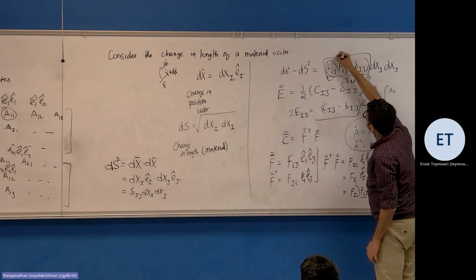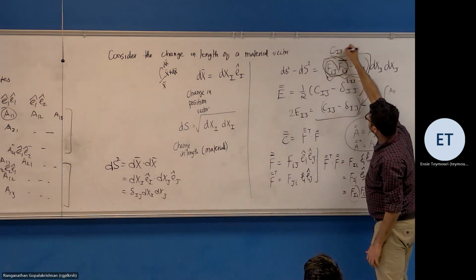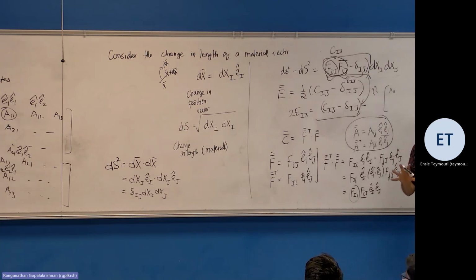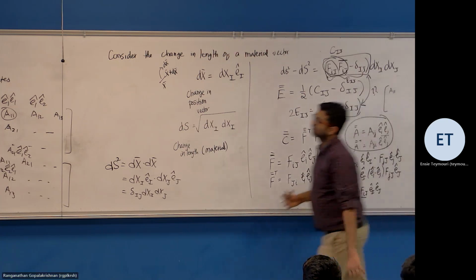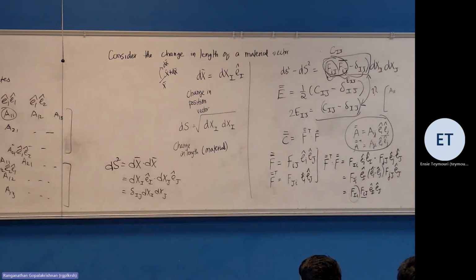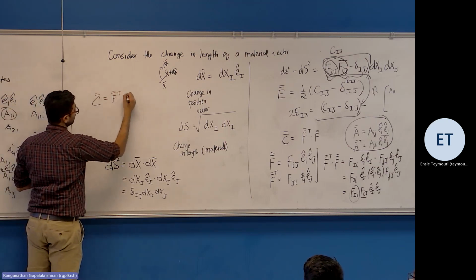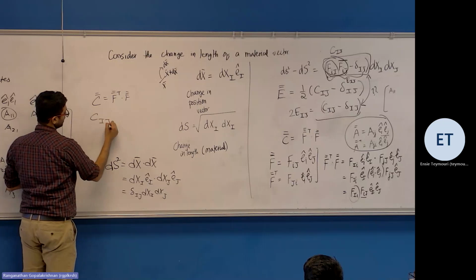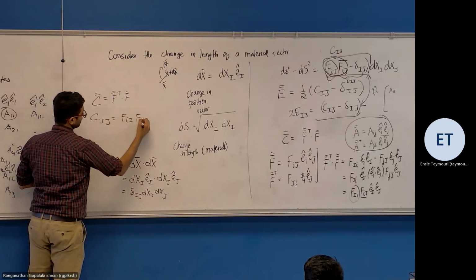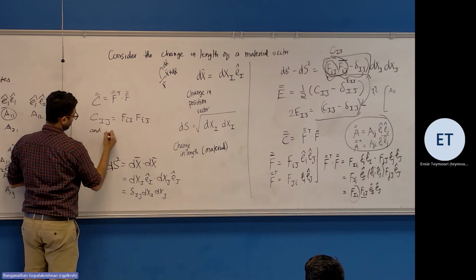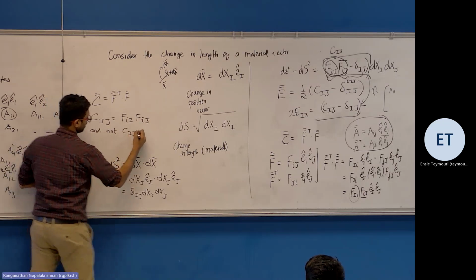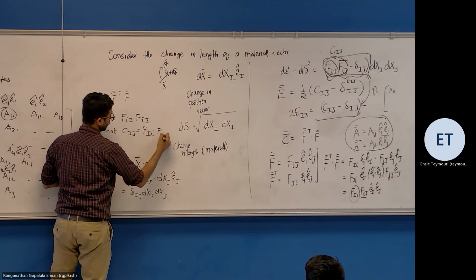The book says this term is C_ij. I just want to make sure we understand why, instead of just taking it and assuming it and just going. So I'm asking you to think, how is this F? If C is equal to F transpose times F, how do we establish C_ij is F_Ii F_Ij, and not C_ij equal to F_iI F_ij?